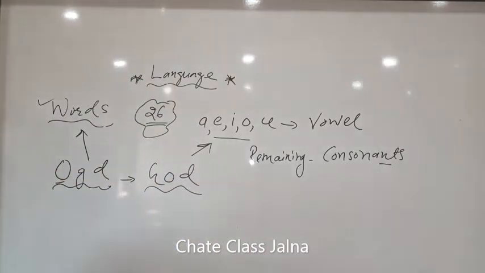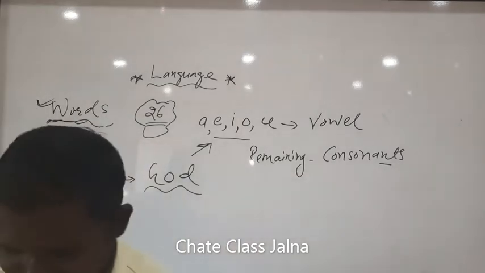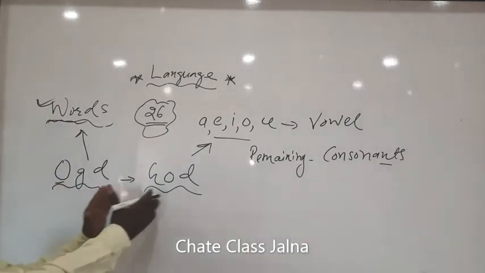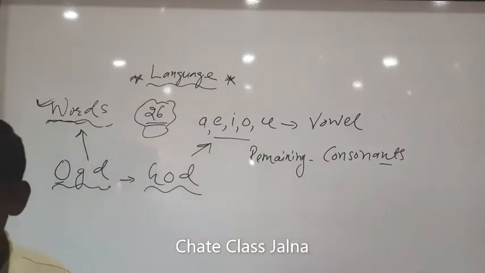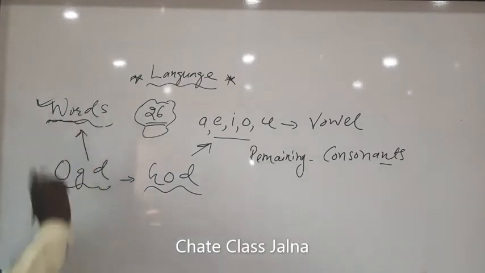Now let's go further and see how the sentences are formed. I think the meaning of the word is clear here, that it is a collection of meaningful alphabet, that is called the word or the words.